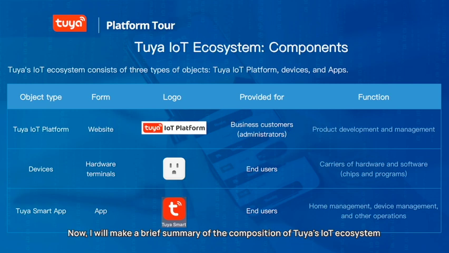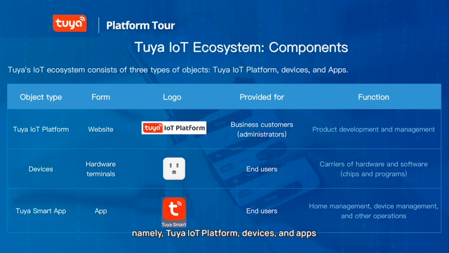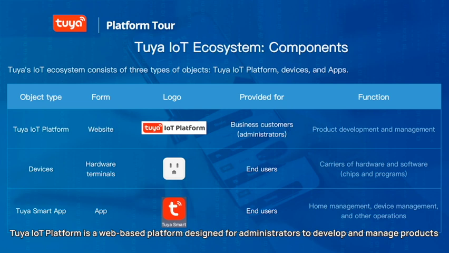Now I will make a brief summary of the composition of Tuya IoT ecosystem. Tuya IoT ecosystem consists of 3 types of objects, namely Tuya IoT platform, devices, and apps. Tuya IoT platform is a web-based platform designed for administrators to develop and manage products.